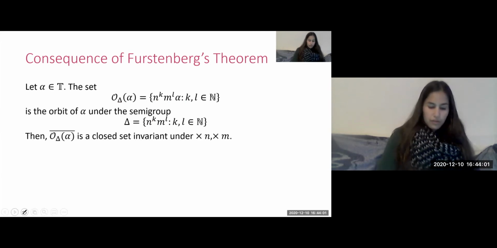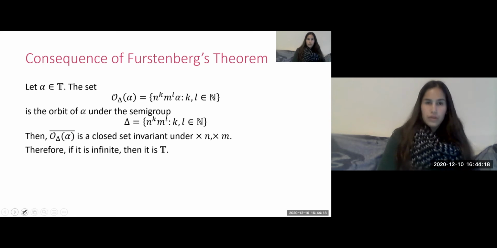Firstly, notice that this is going to be an invariant set, and therefore its closure is going to be both a closed and invariant set under the times n and the times m map. So if this closure is infinite, then it must be the entire torus.